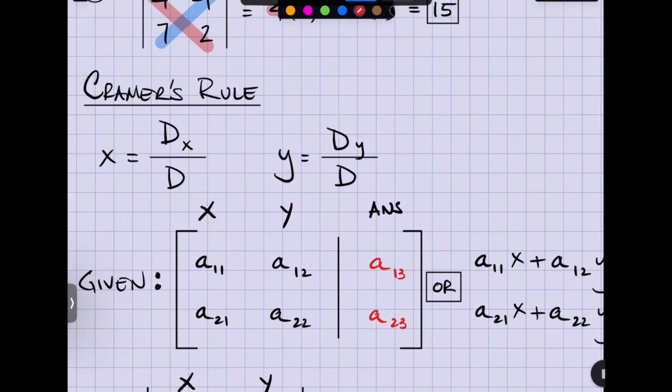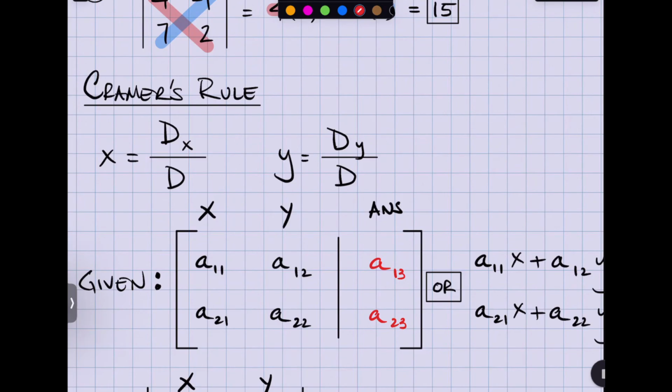A determinant has to be a 2 by 2, a 3 by 3, a 4 by 4. So a determinant has to be a square. I repeat, a determinant has to be a square.